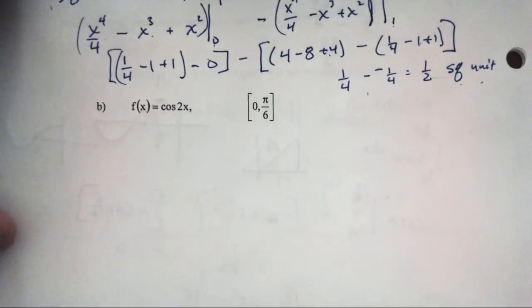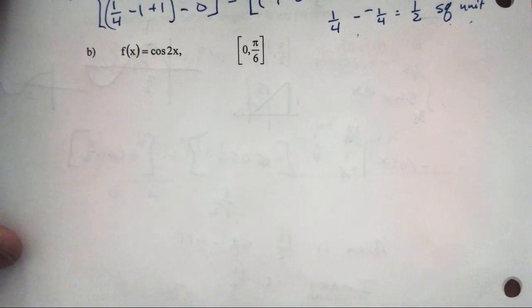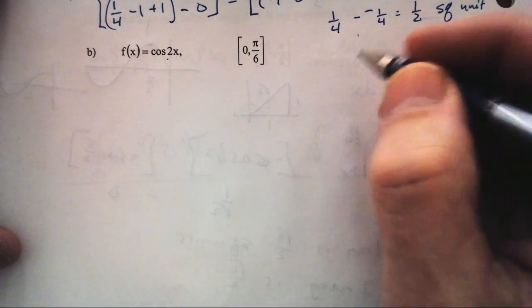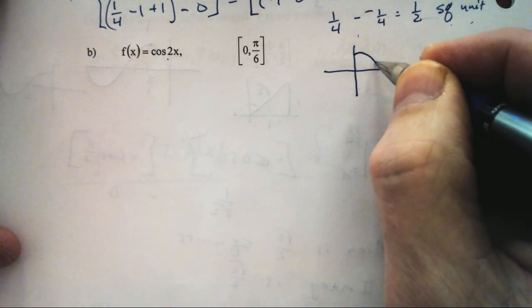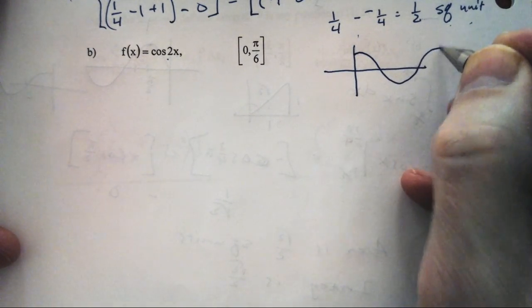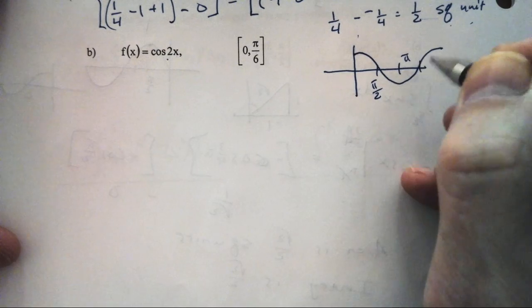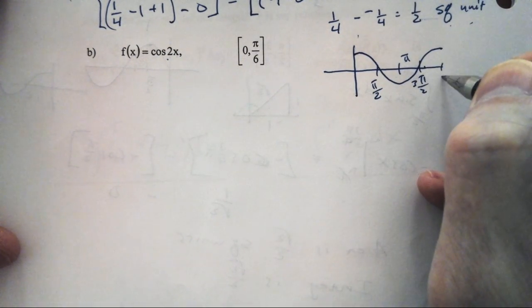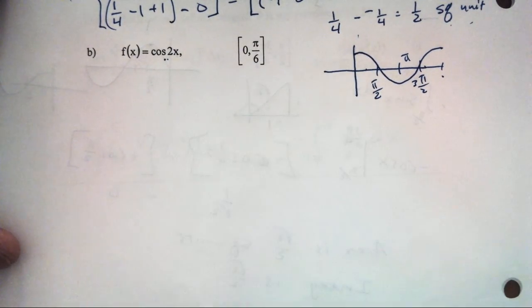So let's take a look at B. This would be a real easy graphical analysis of where cosine of 2x hits 0. If we know that the graph of plain old cosine looks like this, hopefully from our pre-calculus days we know that this looks just like the graph of cosine, except everything happens twice as fast.